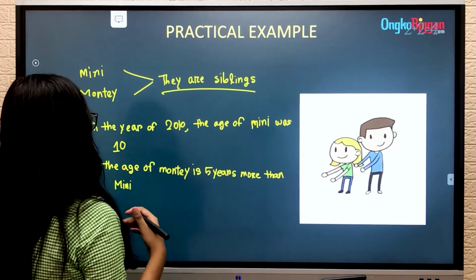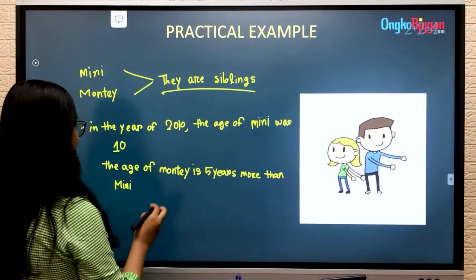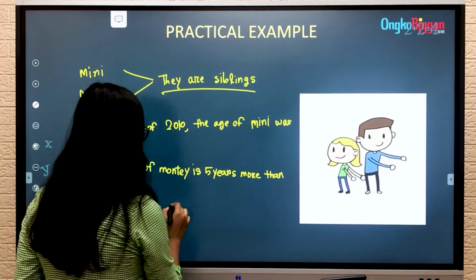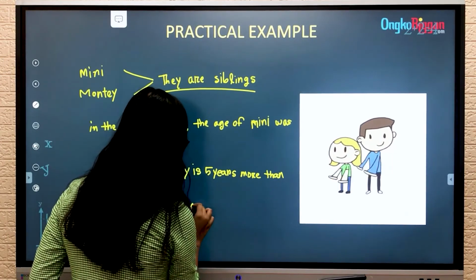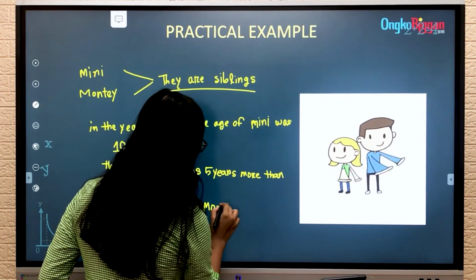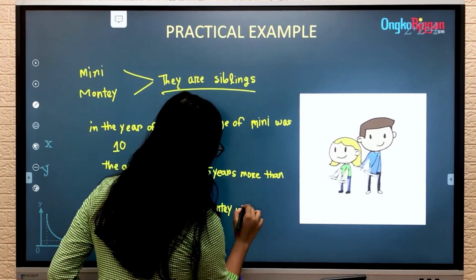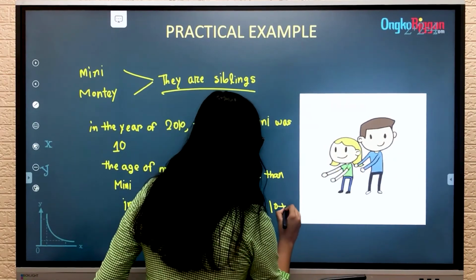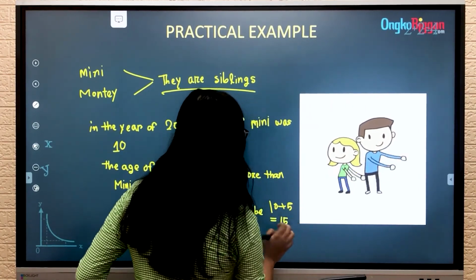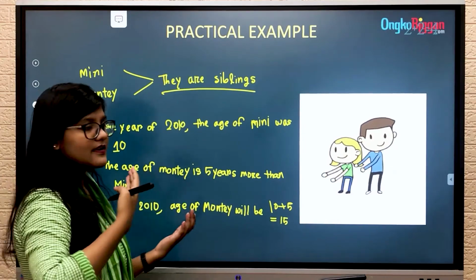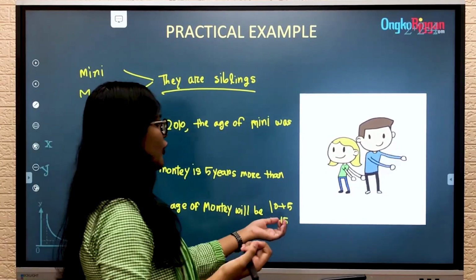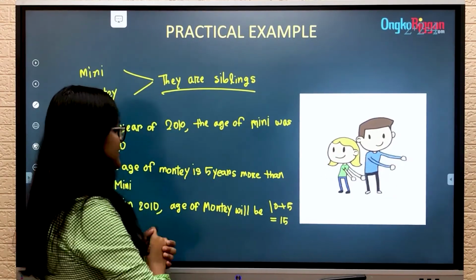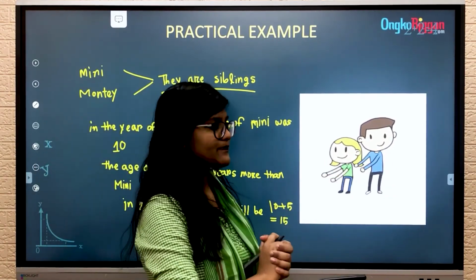That means in the year 2010, the age of Monty will be how much? 10 plus 5, 15. It's actually where we are getting this through normal numerical expression or arithmetical expression. So in 2010, age of Monty will be 10 plus 5, 15.